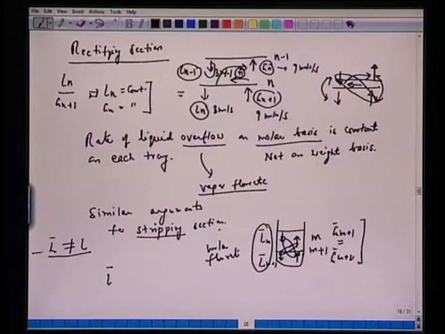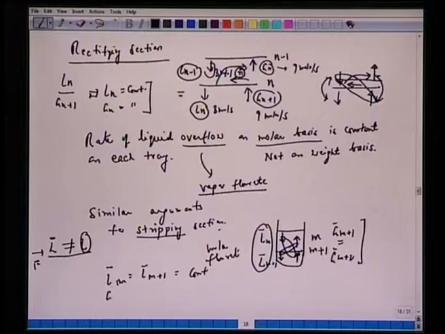Why? Because we have the feed entry in between. We'll talk about this later in detail, but L without any bar represents the rectifying section, and L bar represents the molar flow rate for the stripping section. So L bar M or L bar M plus 1 is constant.